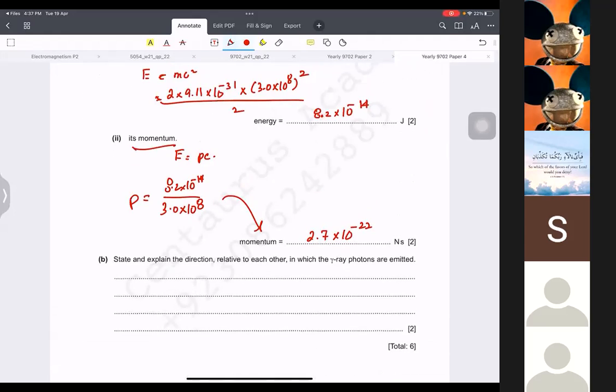State and explain the direction of the gamma rays relative to each other. Opposite, exact opposite. Why?